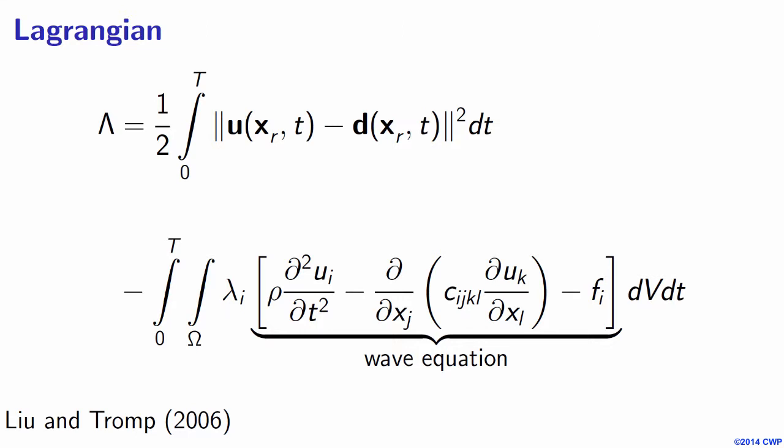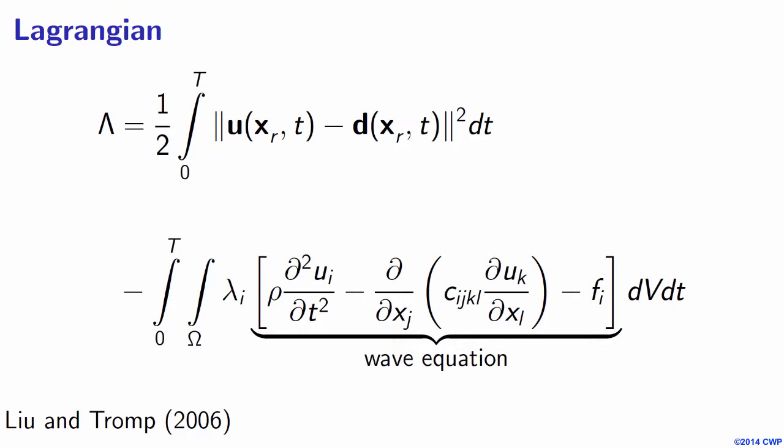So the way to proceed from here is we modify, or we perturb the C_ijkl, the stiffnesses of the medium, which are unknowns in our case. We're just looking to invert for velocities, so we perturb the C_ijs, which results in a perturbation in the wave field, the model wave field. We also perturb the lambda i's, which are the Lagrange multipliers.